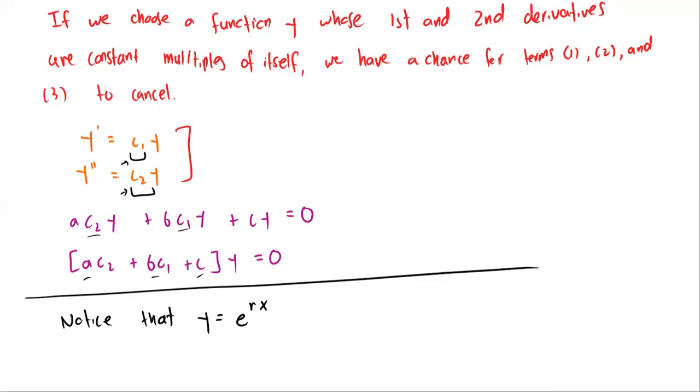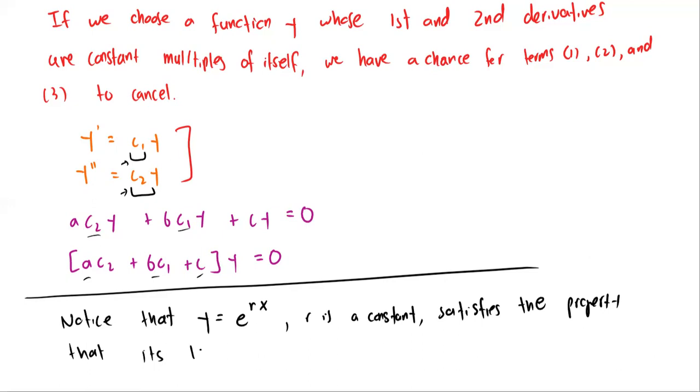So notice that y equals e to the rx, where r is a constant and a real number, satisfies the property that we're looking for: its first and second derivatives, and in fact, this works for any order derivative. In this case, we're focusing on first and second because we're working with second order differential equations.